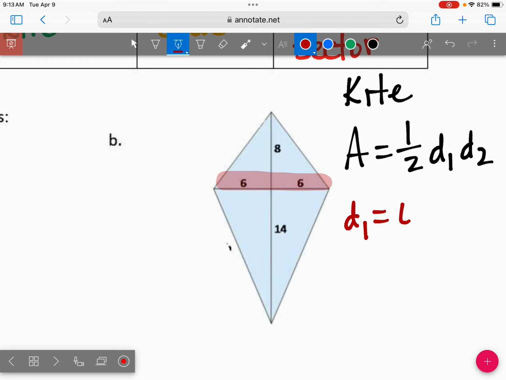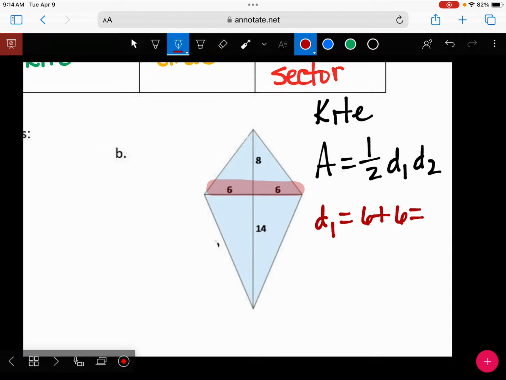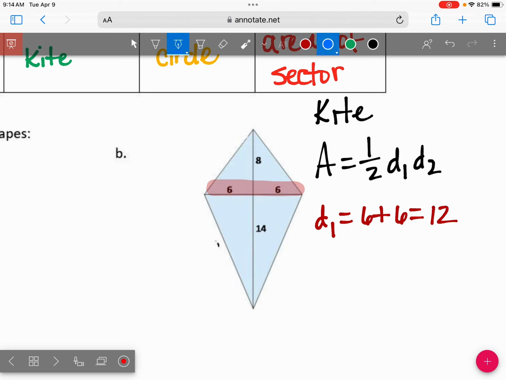So diagonal 1 is 6 plus 6, which would be 12. And then diagonal 2 is 8 plus 14, which is 22.